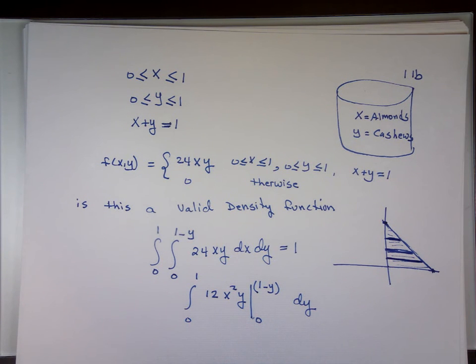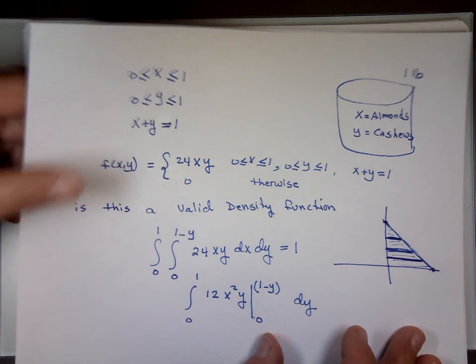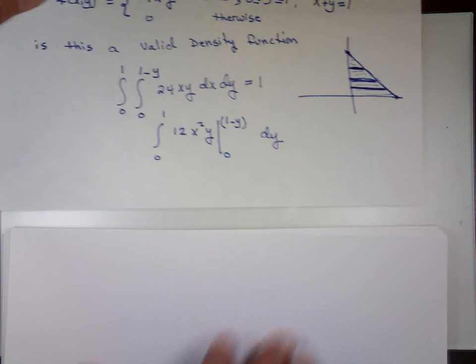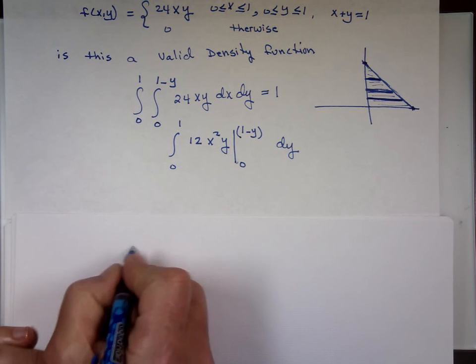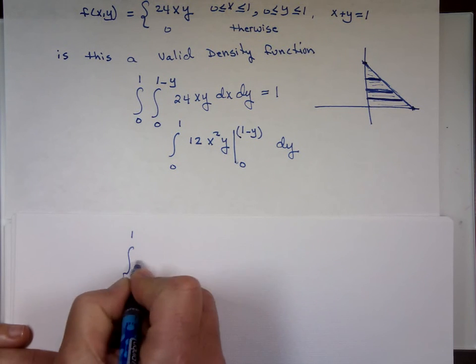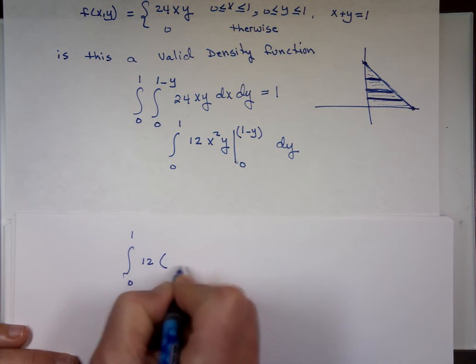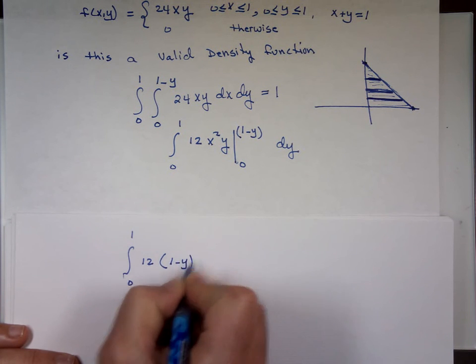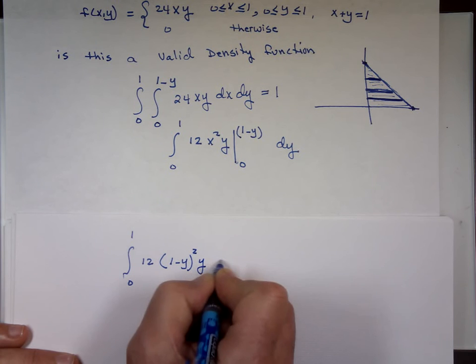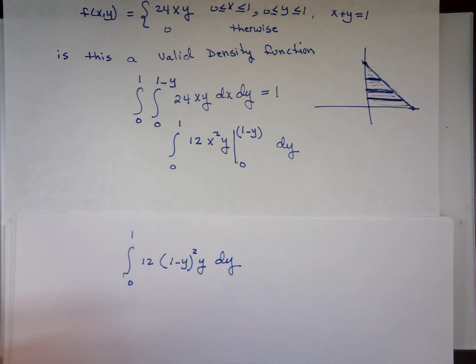Now, if you plug in 1 minus y there, it makes sense here to FOIL this one out.